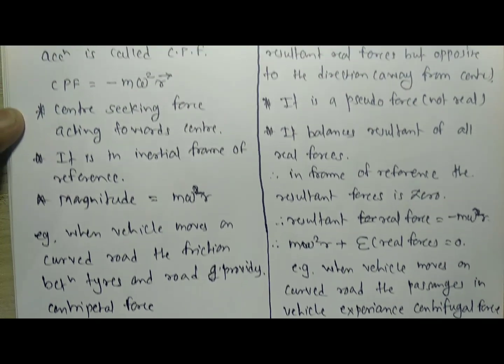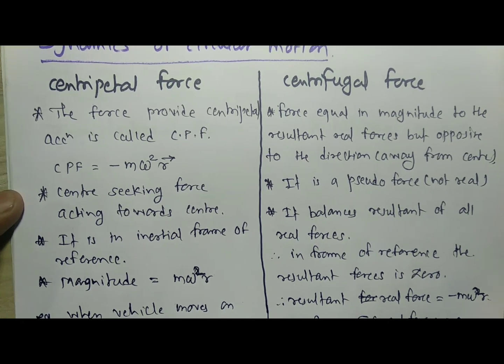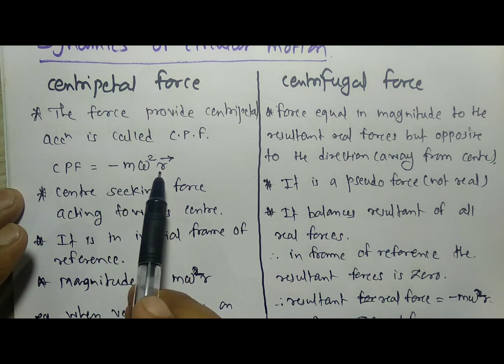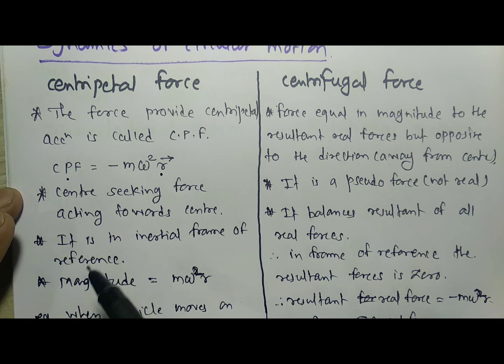First of all, we have to go through the centripetal force and centrifugal force. Centripetal force is nothing but the force which is providing the centripetal acceleration, and it has the equation CPF equal to minus m omega square r bar, where the negative sign indicates that the radius vector and centripetal force are opposite to each other, as given in the diagram.